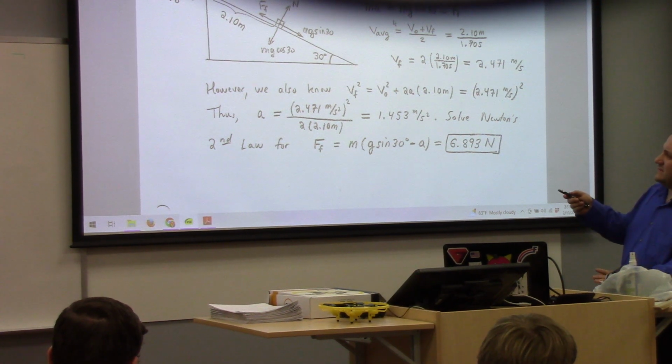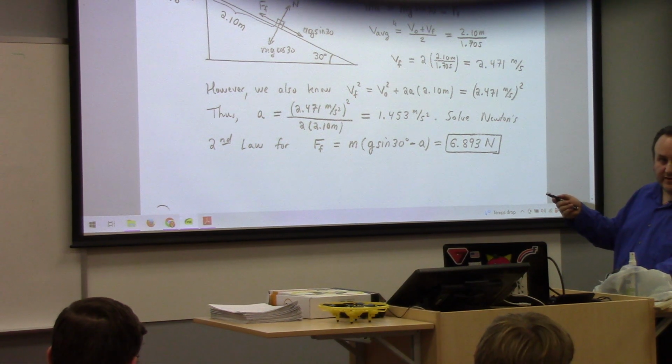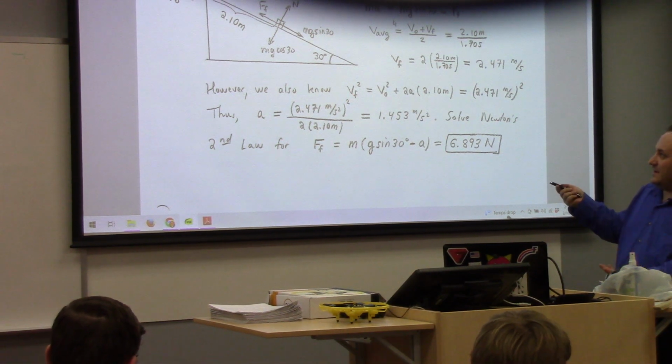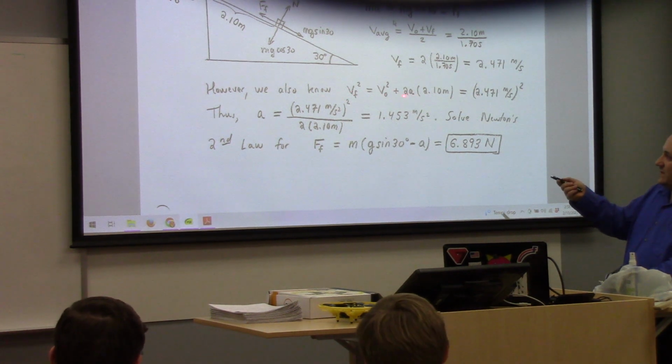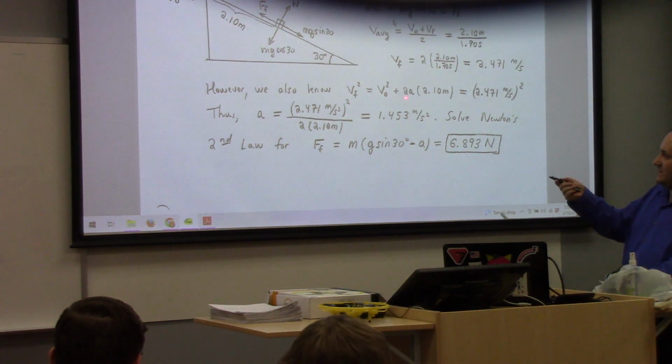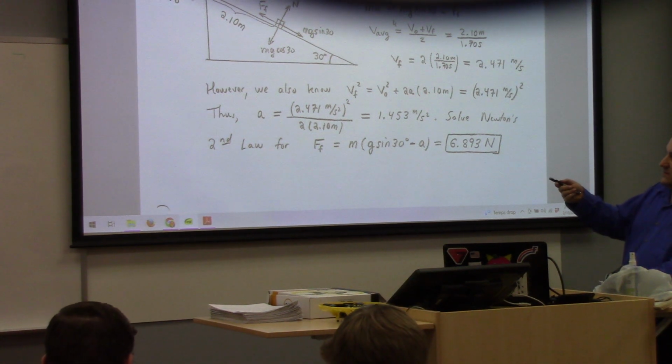So listen, in this one, what I was getting at is for a constant acceleration motion, be also aware, if you're not interested in time, the timeless equation is sometimes helpful, like this: Vf squared is v naught squared plus 2a times the displacement. Well, what acceleration is this? Well, that matters as well. It's the acceleration parallel to the plane, right?